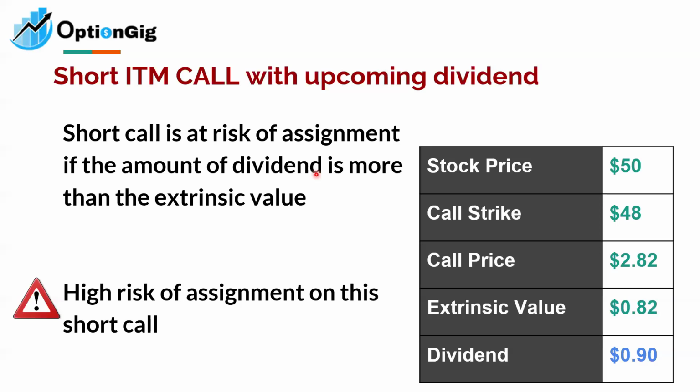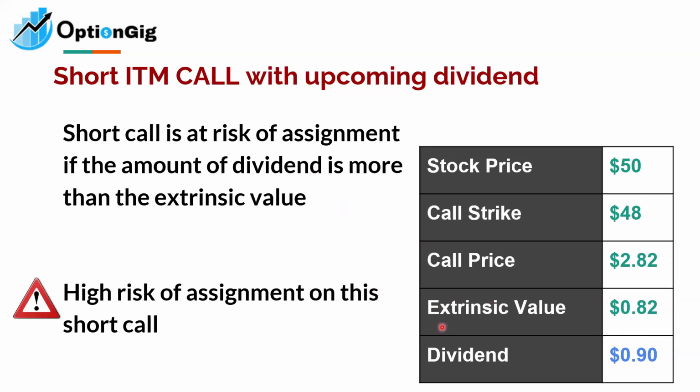If the dividend is lower than the extrinsic value, then I won't be assigned. Now, to understand it easily, just assume that when a buyer is exercising the option, they are giving away this extrinsic value.